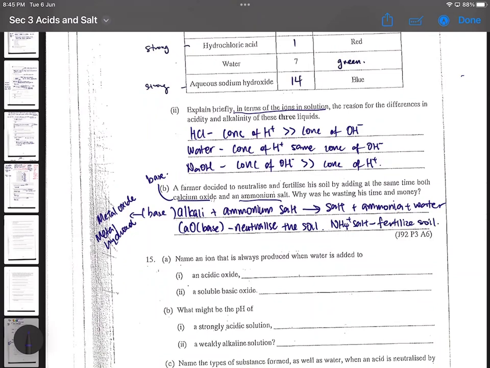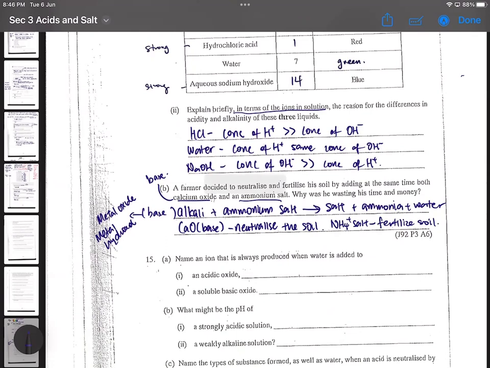Ammonium salt has the ability to fertilize the soil because by fertilizing the soil, we are talking about introducing more nitrogen into the soil. Why is nitrogen essential? Because for plants to grow, they need plant proteins, and one of the important elements in proteins is nitrogen.